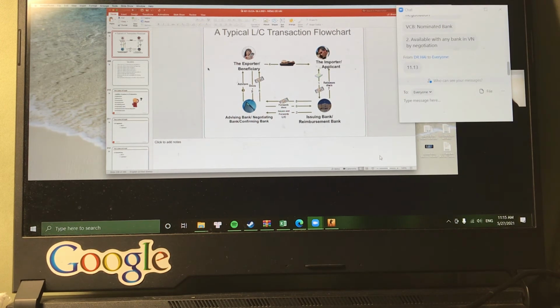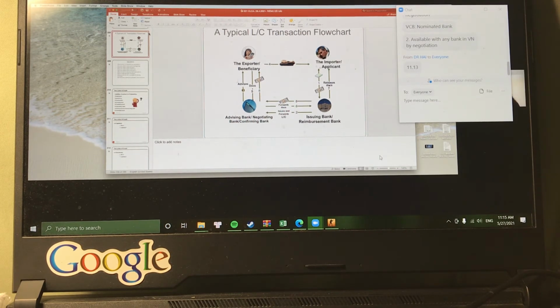Lê Huyền Trang, please. Yes, I'm here. For step 1, I think when the exporter and importer agree on the sale contract, the importer will send the application to the issuing bank to issue an LC.